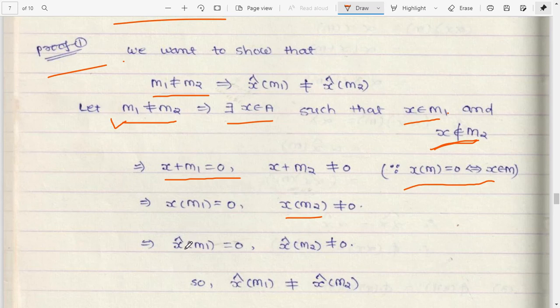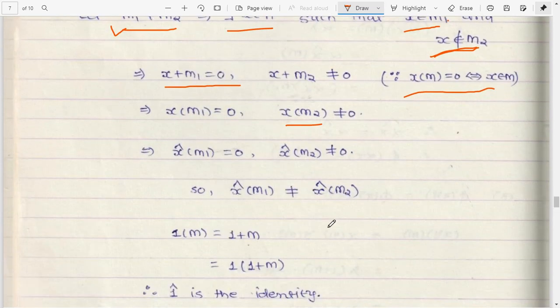So x cap of m1 is equal to 0, and x cap of m2 is not equal to 0. So this is equal to 0 and this is not equal to 0, so both are not equal. So x cap of m1 is not equal to x cap of m2.